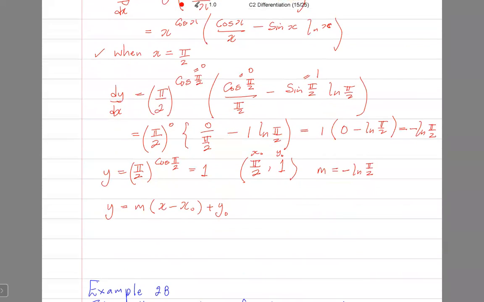So let's put in the values now into the formula. M is minus ln pi by 2, times x minus x naught, which is pi by 2, plus y naught, which is 1. This is technically the answer, but let's get it in the form y is equal to mx plus c.